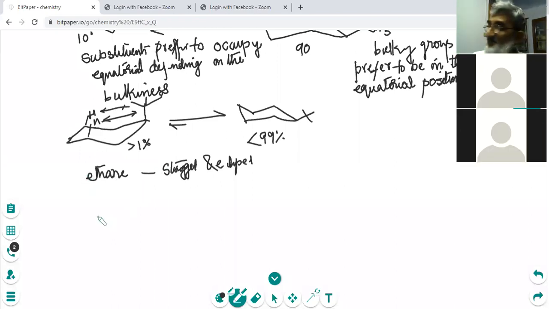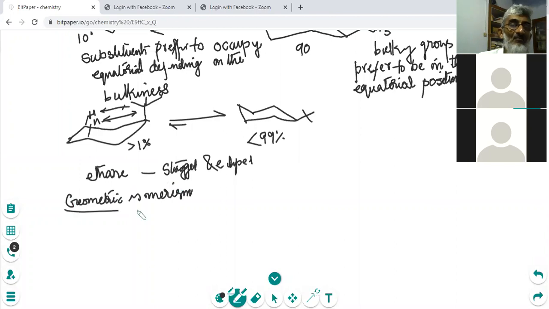Now let us look at geometric isomerism. What is geometric isomerism? It is observed in molecules with double bonds or rings.